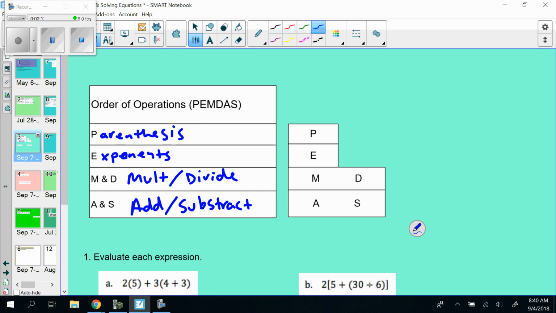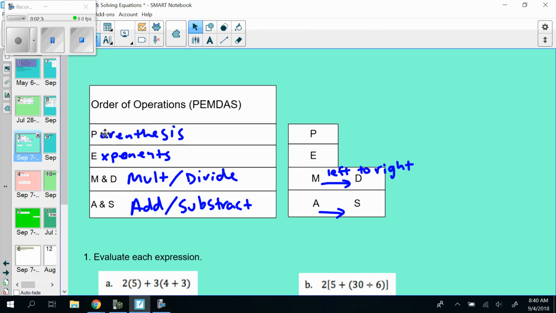So we want to do these operations in that order. And when you get to multiply and divide and add, subtract, we always work left to right. So you want to make sure you start on the left like you do when you're reading and work to your right.